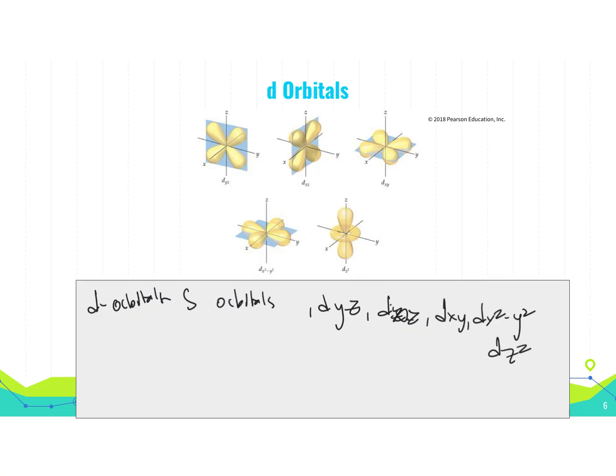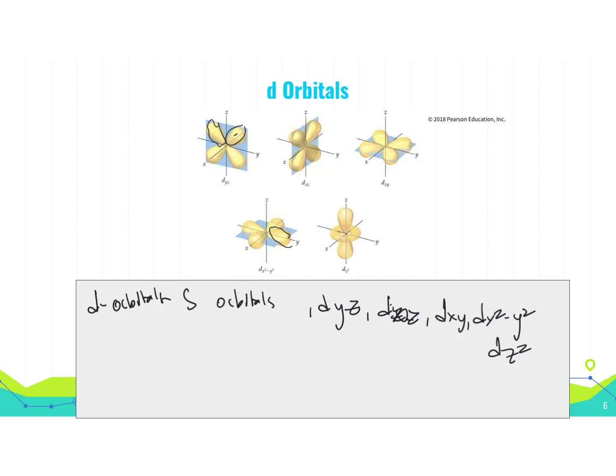For dyz, dxz, and dxy, the areas that have electrons are in between two axes. For dyz, the electrons are between the z and the y-axis. For dxz, the electrons are between the z and the x-axis. And for dxy, the electrons are in between the x and y-axis. For dx squared minus y squared, all of the electrons are directly on the axes. And then we have dz squared, which is the odd one out of all of them, with 2 lobes on the z-axis and then this donut right here in the middle.